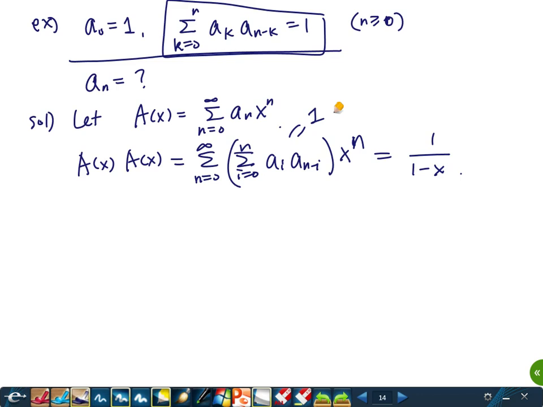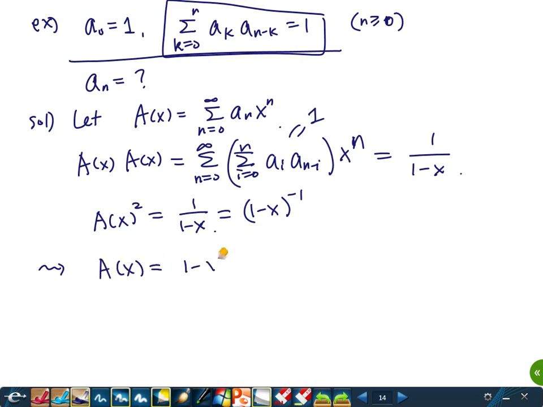All right, so what now? A(x) squared equals 1 over 1 minus x. What is this? Inverse. From this, actually, we can say A(x) is equal to (1 minus x) to the power of minus 1 over 2.